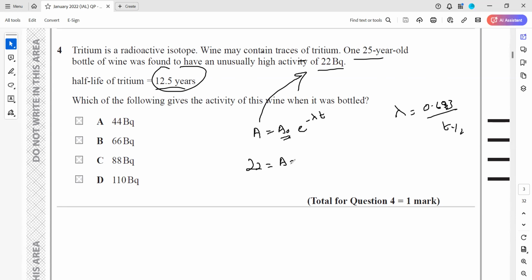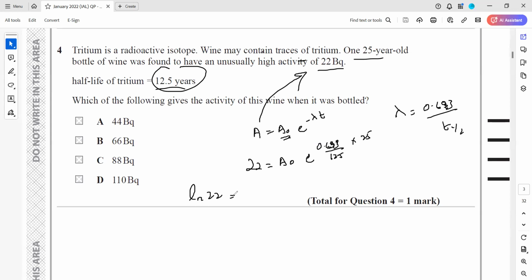So this will be 22 equals A naught, which we don't know, times e raised to the power 0.693 over t half, which is 12.5, multiplied by 25. Because it's a 25-year-old bottle of wine. This is the activity after. We just have to simplify this, taking ln on both sides.